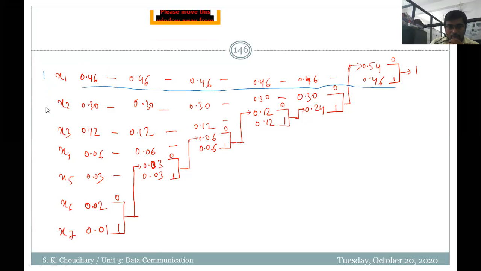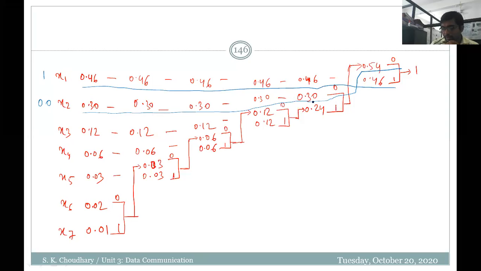Okay, now come to x2. What is x2 there? You can just trace it out. And this, so it is 0 and 0. Okay, so 0 0 would be there for the case of x2.